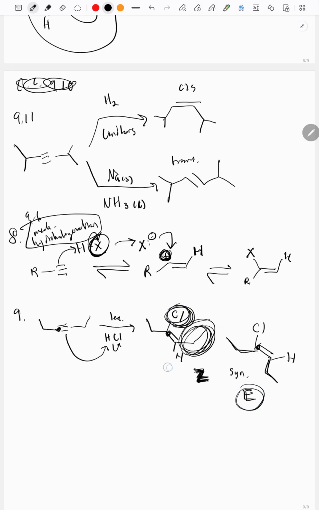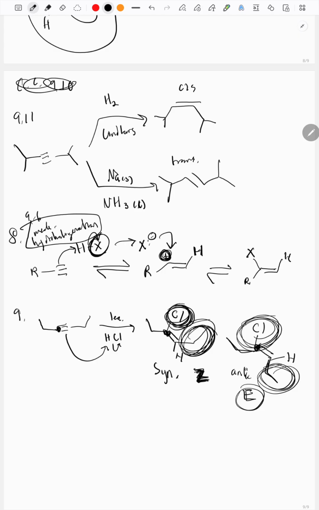This would be syn, and this would be anti, right? This would be anti because the biggest functional groups are opposite one another. Same side is Z, opposite is E. Now this part still holds true. The chloride still attacks on this portion of the molecule, and that's why we get that.